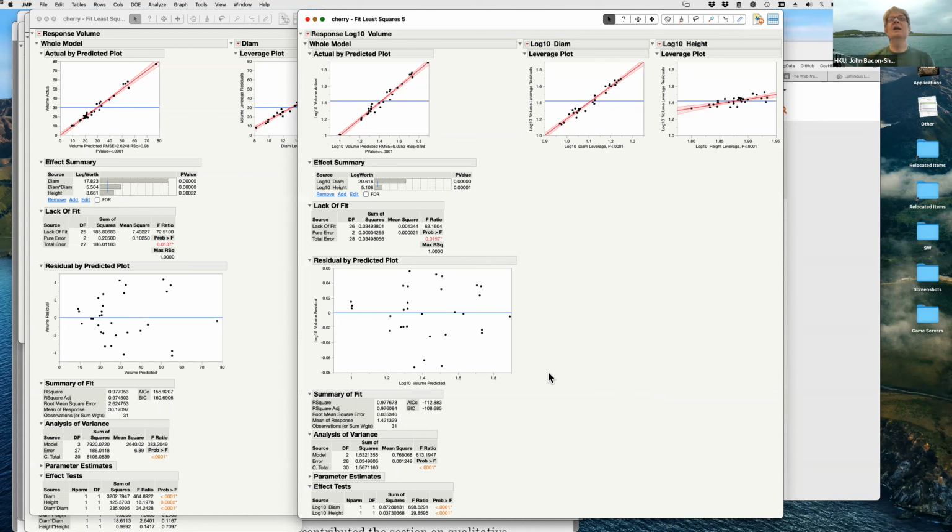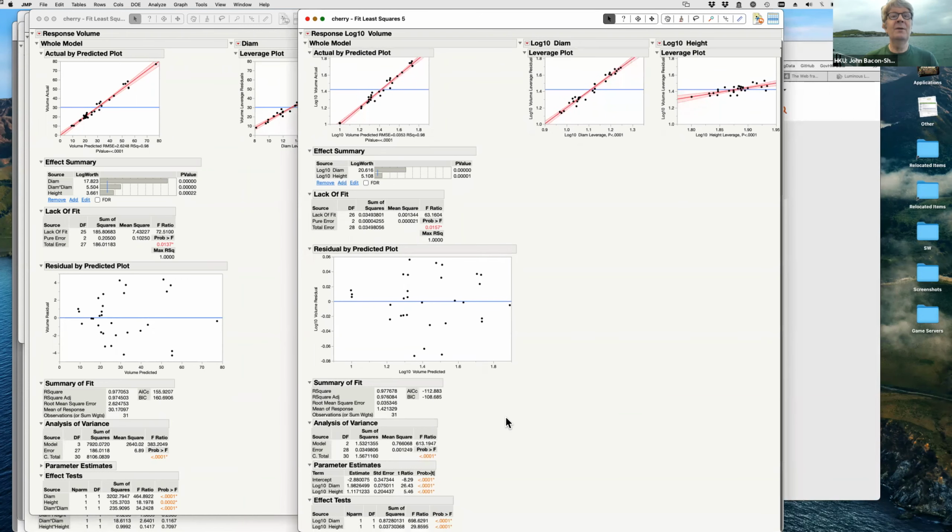However, think about the parameter estimates for a minute. As I said, if my model is correct that volume is proportional to diameter squared times height, then on the log scale, the coefficient of diameter should be around 2, and the coefficient of height should be around 1.